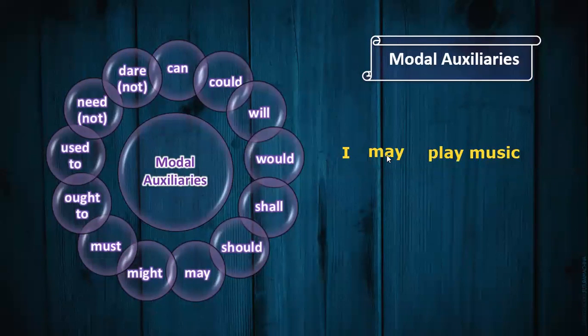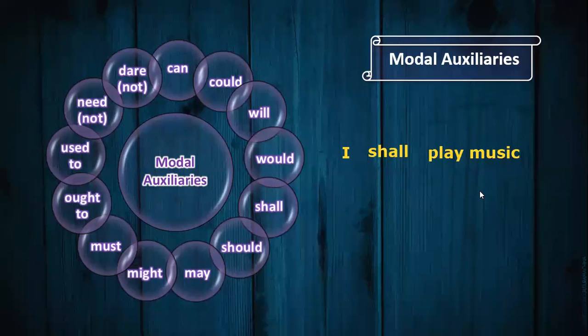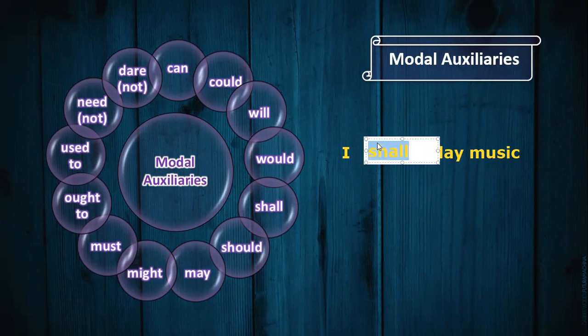So now it's time to change the modal auxiliary. Let's take I shall play music. This time the meaning has changed again. I shall play music. That means it is going to show the future tense, isn't it? Let's take another example. What if I say I must play music?